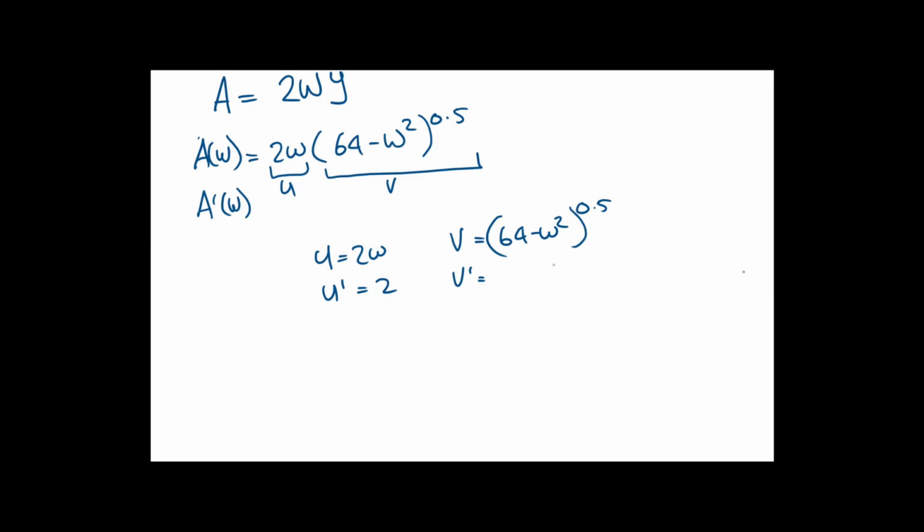another composite function. So I'm going to call that Z. So Z is 64 minus W squared. So V dash is going to be dV with respect to Z times dZ with respect to W. All right, that's going to be 0.5 Z to the power of negative 0.5.